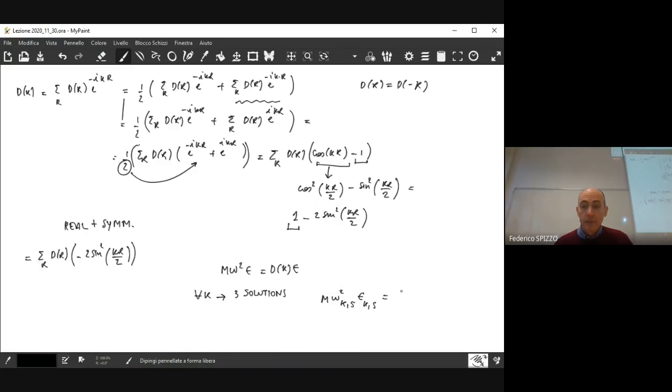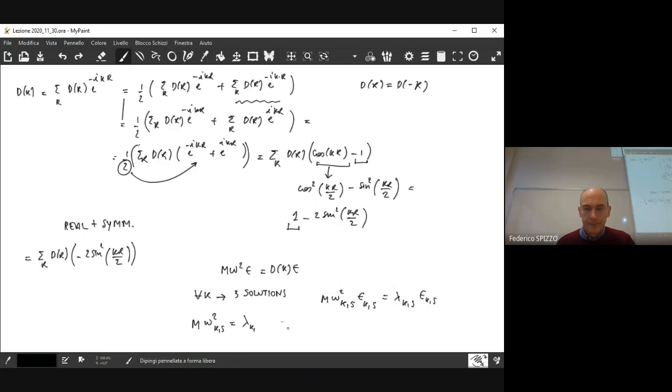If we have the opportunity to write the matrix in a diagonal form using the basis given by the 3 eigenvectors, then the application of D to the vector will give rise to the eigenvalue that is in general called lambda, that will depend both on k and on s. So at this point, we have that m omega square k s is equal to lambda k s.